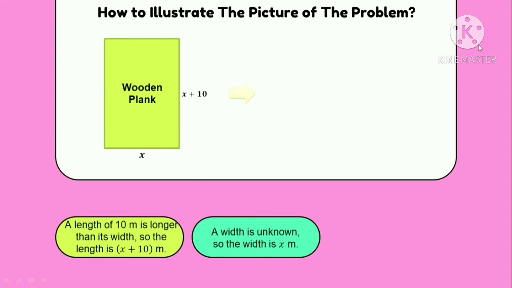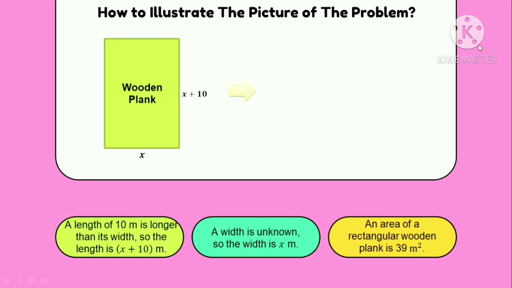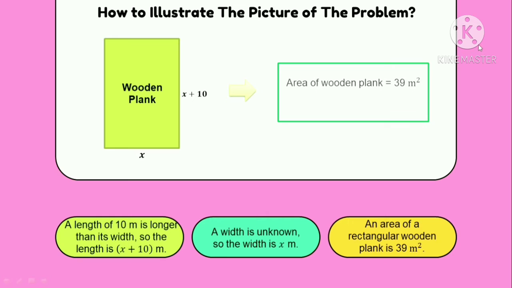We also have information that the area of the rectangular wooden plank is 39 square meters. So, we can write the area of the wooden plank is equal to 39 square meters. We know that the area of a rectangle is length times width.